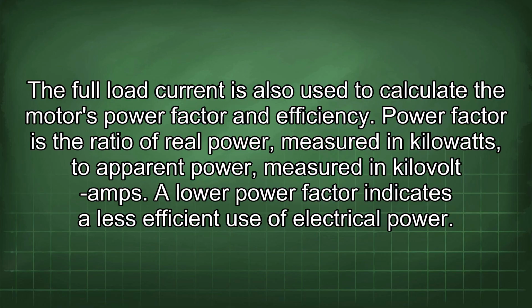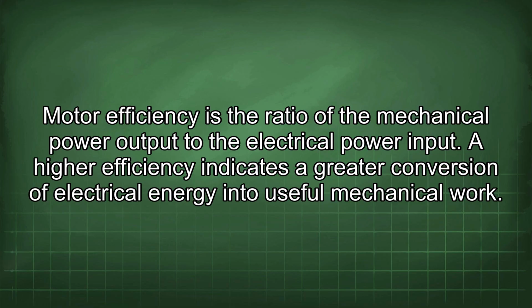Power factor is the ratio of real power, measured in kilowatts, to apparent power, measured in kilovolt amps. A low power factor indicates a less efficient use of electrical power. Motor efficiency is the ratio of the mechanical power output to the electrical power input. A higher efficiency indicates a greater conversion of electrical energy into useful mechanical work.